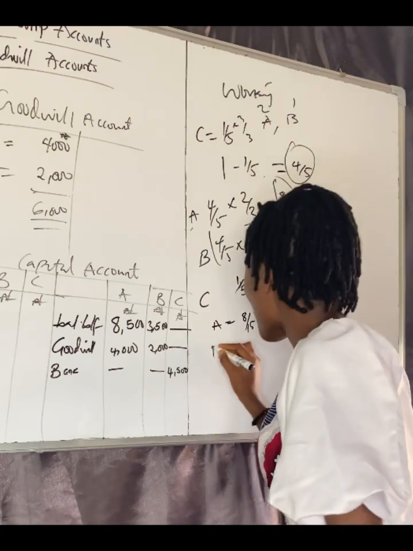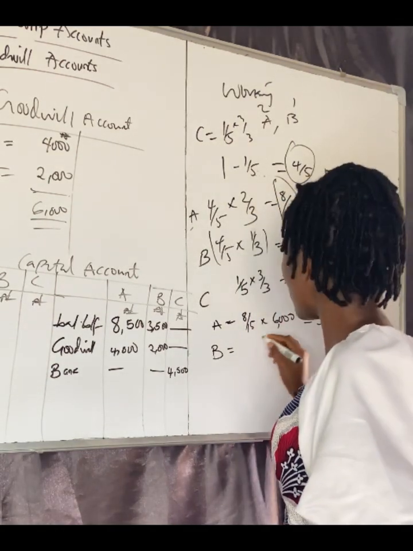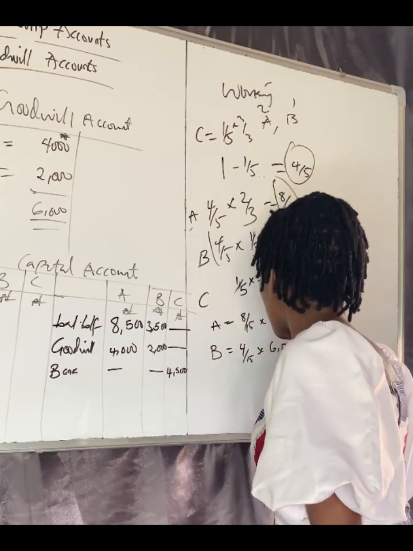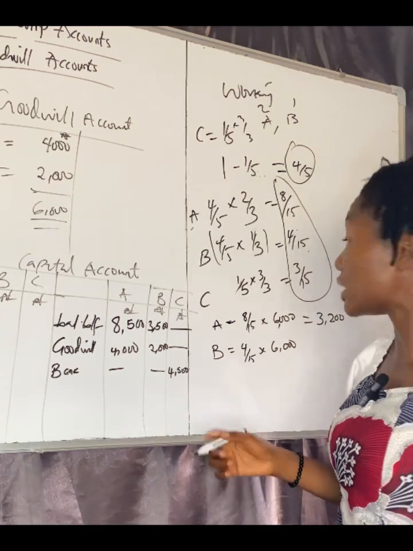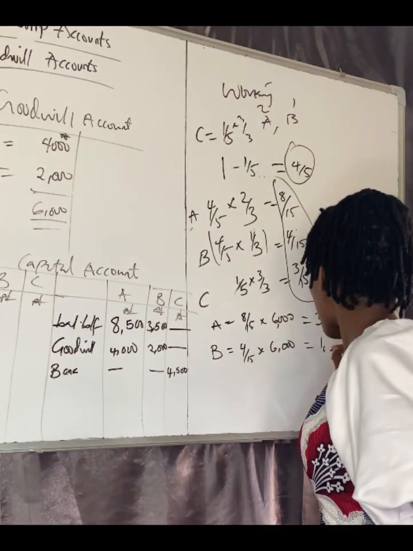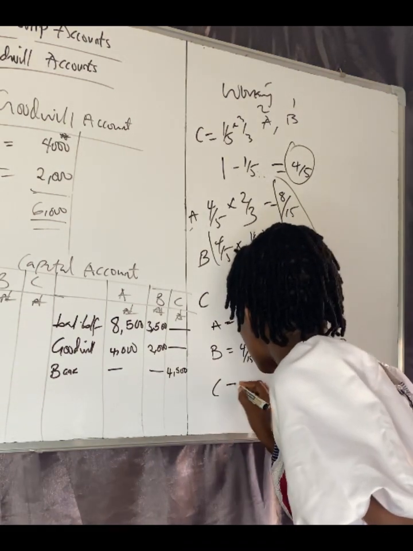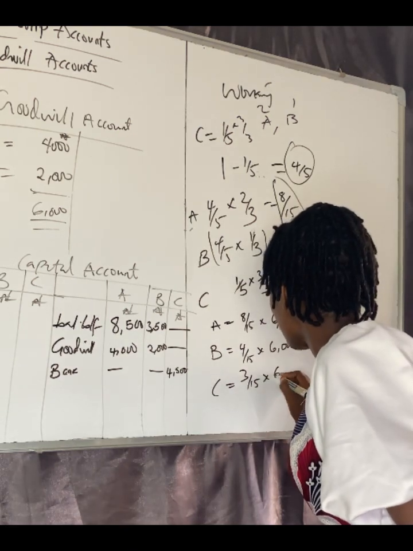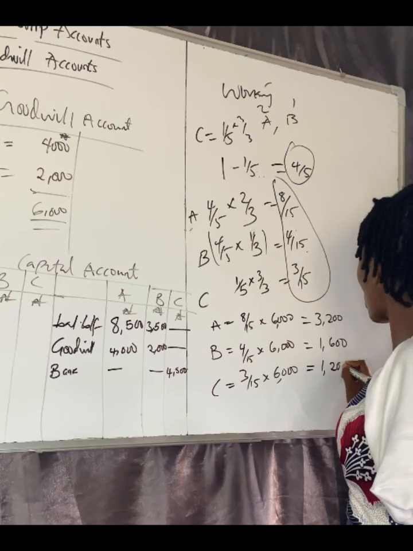Now for B, the new profit sharing ratio is 4/15, so 4/15 multiplied by the goodwill value gives us 1,600 naira. And lastly for C, we are having 3/15 multiplied by goodwill value, which will be giving us 1,200 naira.